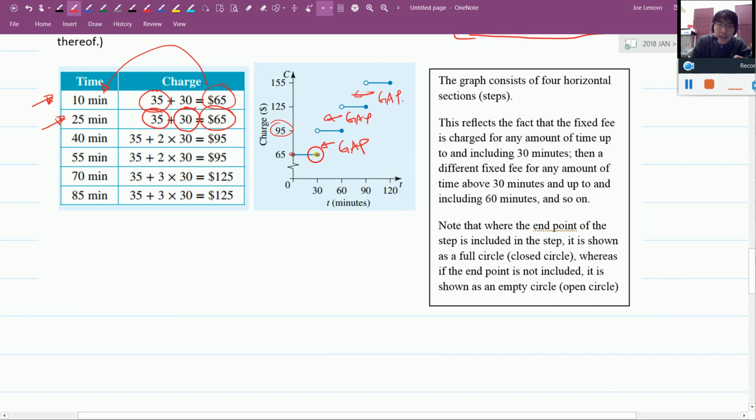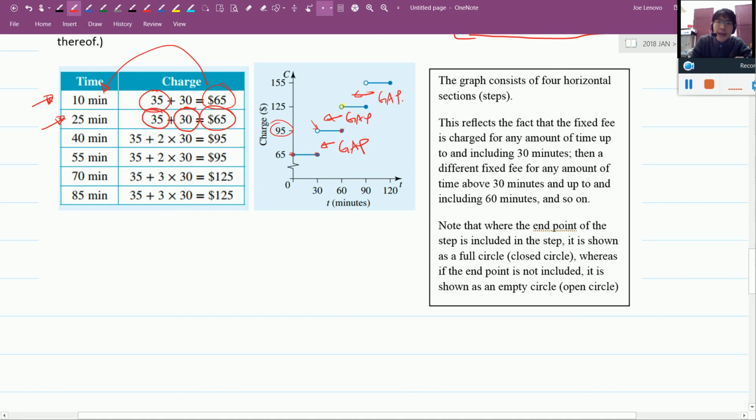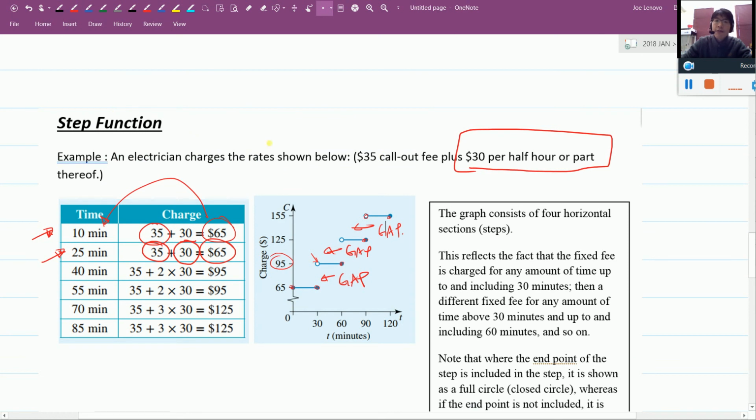Then the next one needs to be an empty circle, which means it's just following the previous pay scale. From this one onward, we have a solid line all the way to a solid dot, then an empty circle, all the way to another solid one, and another empty circle, all the way to another solid one. That kind of graph we call a step function.